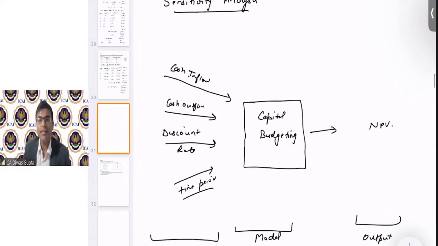Sensitivity is the change in output when we change 1 unit of input. So students, sensitivity in any situation would mean how much your output will get impacted by a single change in your input while keeping the other inputs the same.